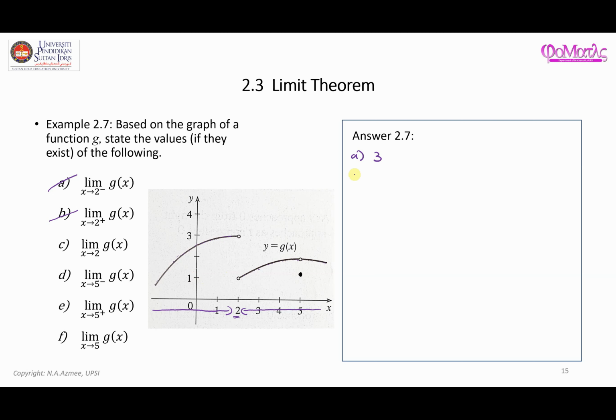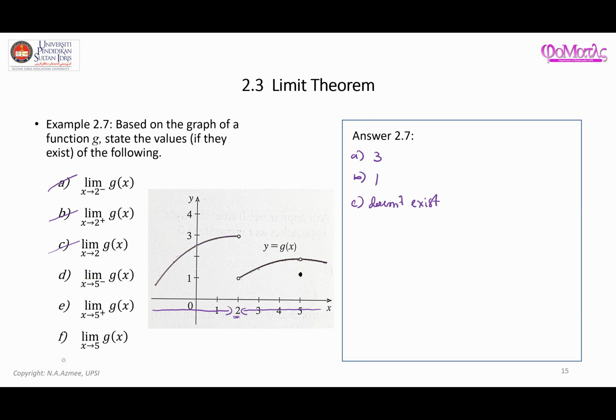So for B, the answer is equal to 1. Now C, what is the limit of this function when x approaches 2? For this one, the answer is it doesn't exist. Why? Because the left-hand limit and the right-hand limit are not equal.